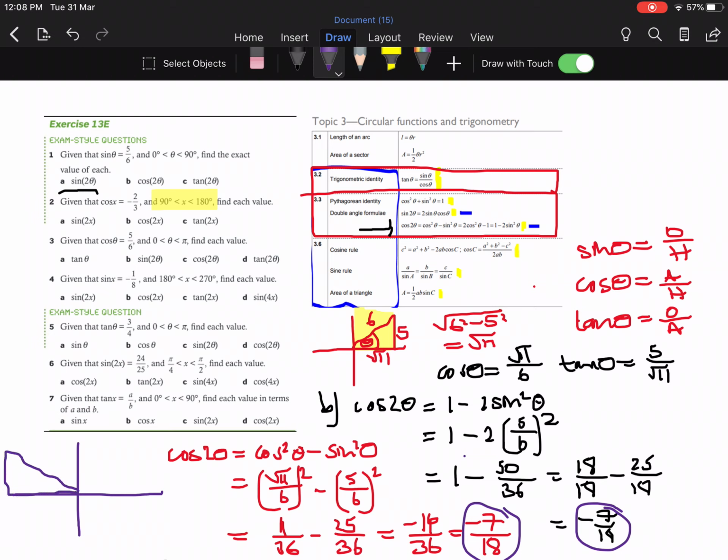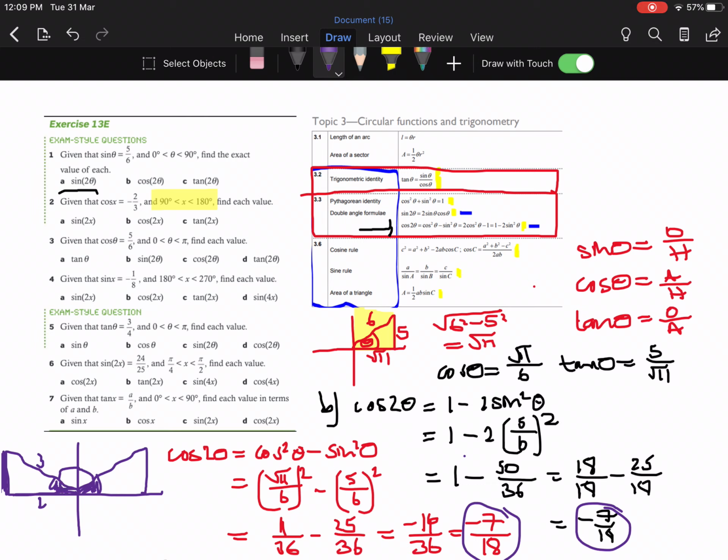But because it's cos, it's symmetrical, so it's going to be a 2 here and a 3 here. So your angle is obviously bigger than 90 but less than 180. But if I was to do it in the positive quadrant, then this angle is obviously the same as this angle.